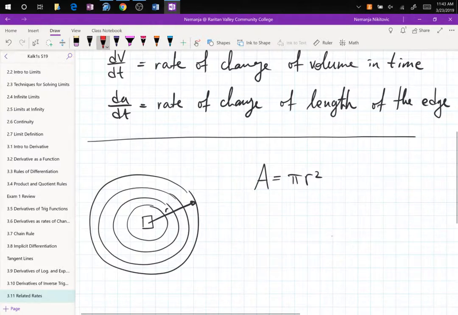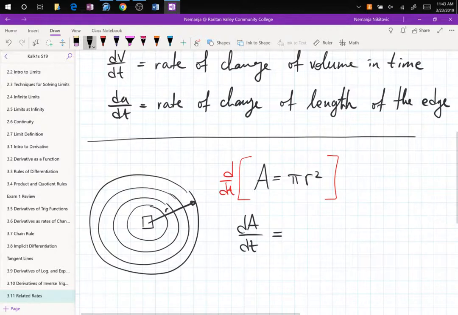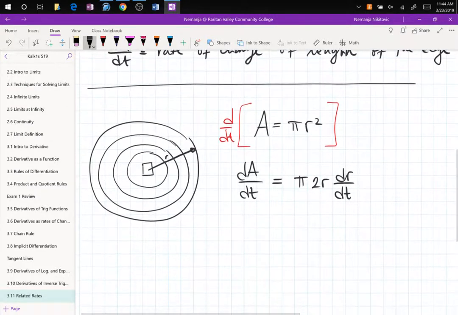So now we differentiate that in time to learn how one changes as the other value changes. So we have dA/dt, which is the change in area of the polluted waters with respect to time. On the other side, I have pi 2r dr/dt, the change in length of the radius.